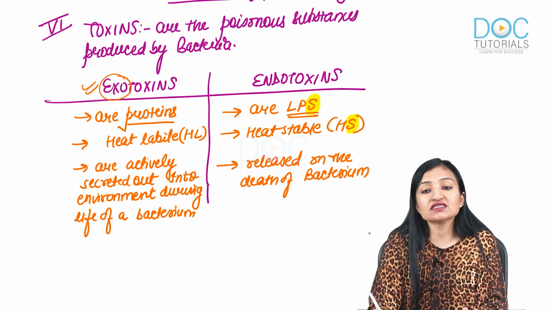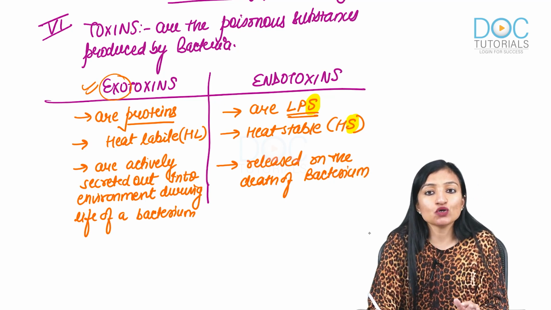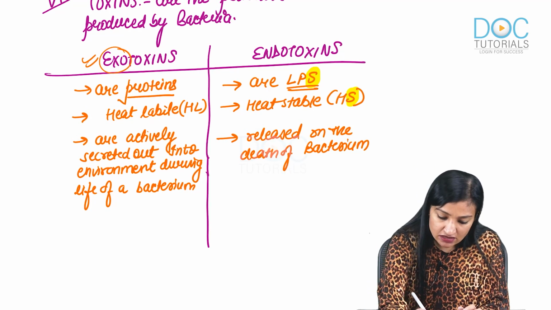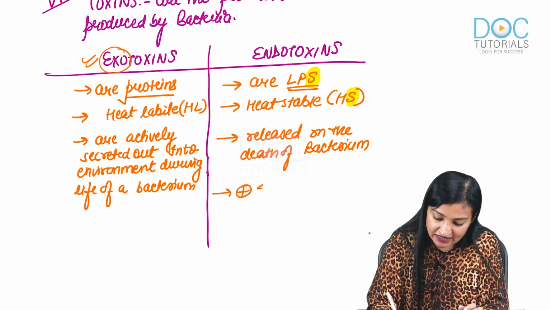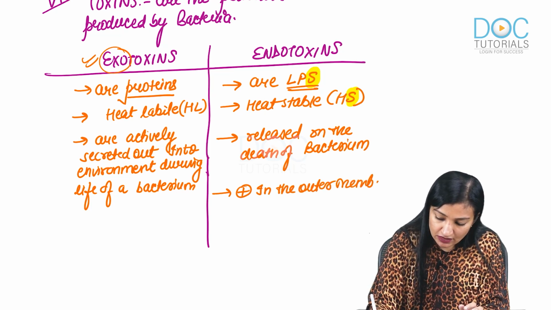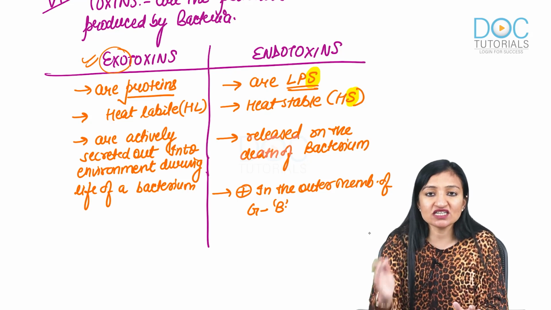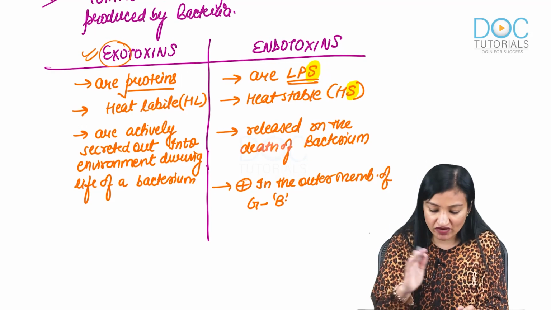since endotoxin is a part and parcel of the gram negative bacterial cell structure. Endotoxins are present where? They are present in the outer membrane of gram negative bacteria. The only exception to this rule is Listeria monocytogenes, which is the only gram positive bacterium which has got endotoxin in its structure. That also we have discussed before.